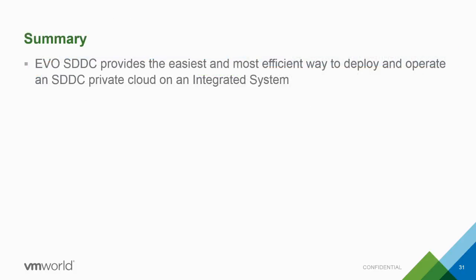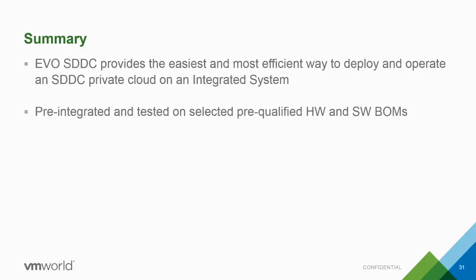So to summarize, what we started out talking about hybrid apps, they're designed to run anywhere, including off-prem and on-prem clouds. EVO SDDC is our way of providing the easiest and most efficient way to bring up private cloud instances using software-defined data center architecture from VMware. And the integrated systems are provided by our partners working with us, which will integrate both hardware and software.